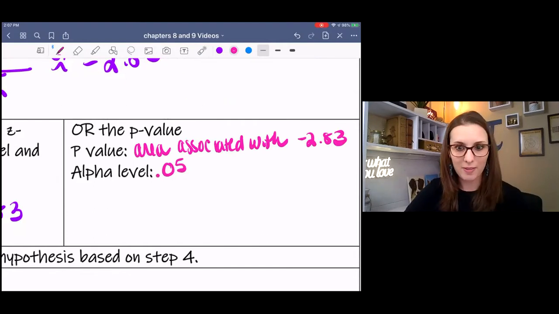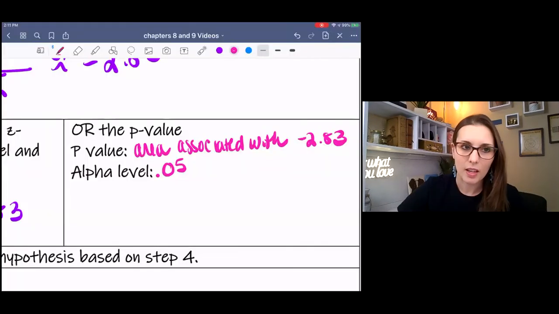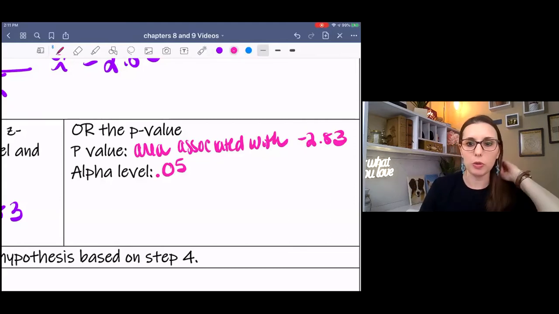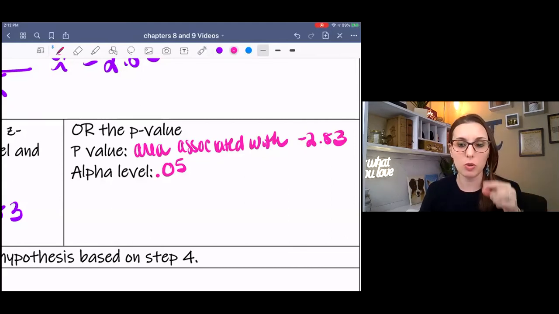So go ahead and find that. Finding the p-value associated with this t-score is a little different than what we've been used to with the normal CDF. So normal CDF is based on a normal curve. And this is not a normal curve because it's a t distribution. So it's a t curve.